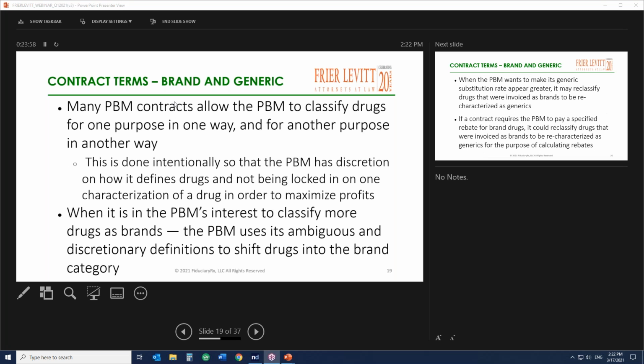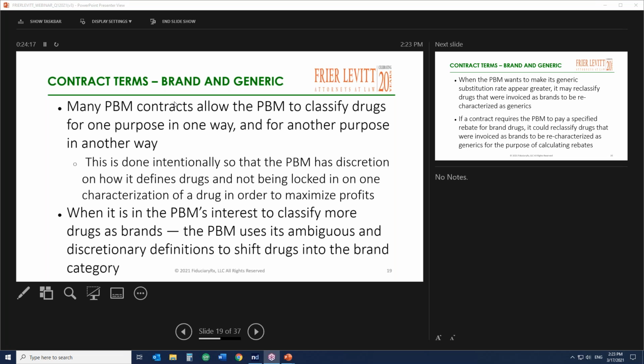So vaguely defined brand and generic drugs can be abused by PBMs to fit their needs, that is, pricing guarantees. Many PBM contracts that I reviewed allow the PBM to classify drugs for one purpose in one way and for another purpose in another way.